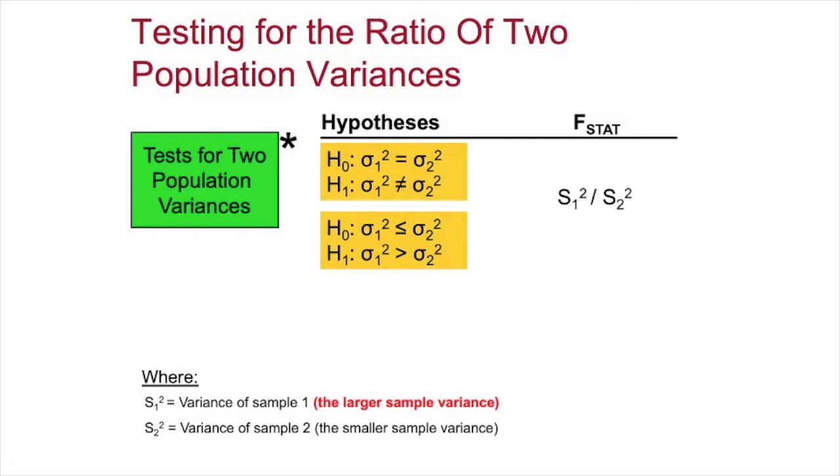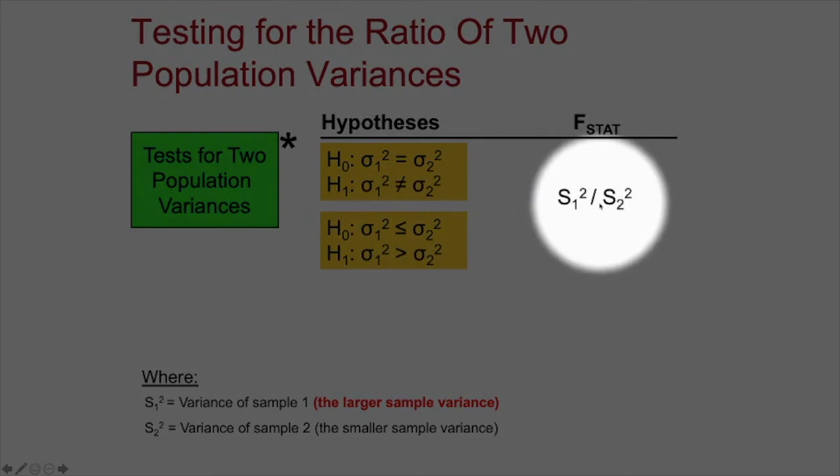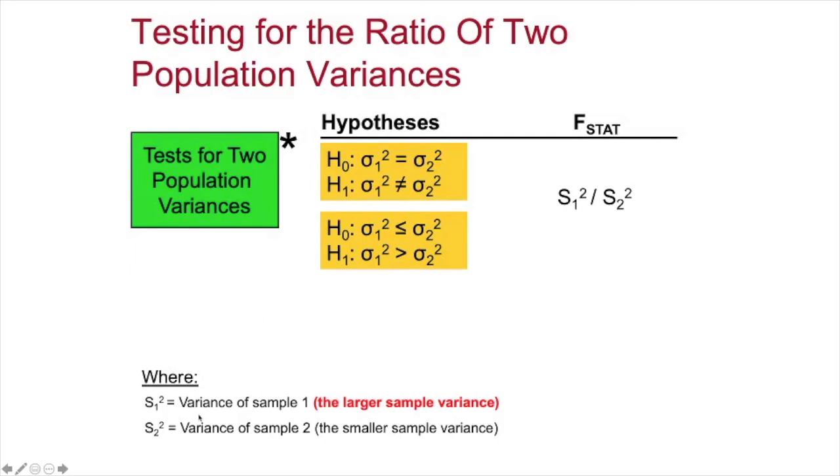Okay, the same way, if we are just doing a one-tailed test, we're going to look at sigma 1 squared less than or equal to sigma 2 squared. We're also going to use this F statistic S1 squared over S2 squared, where S1 and S2 are respectively the variance of sample 1 and the variance of sample 2.